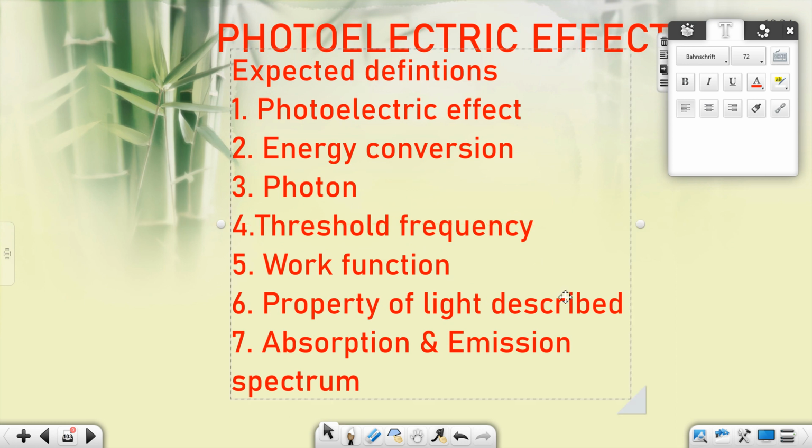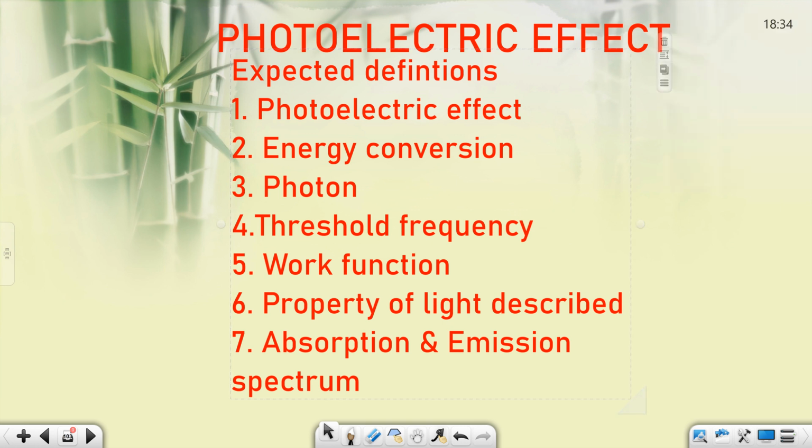All right, so you must be able to define a photon as a packet of energy, be able to define threshold frequency as the minimum frequency of light needed to eject an electron from the surface of a metal. Work function is the minimum energy required to eject an electron from the surface of a metal.